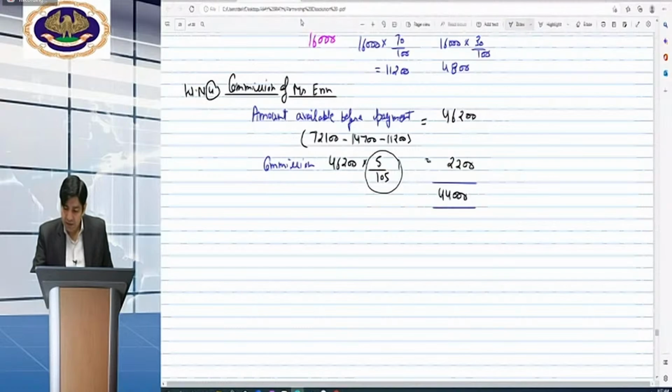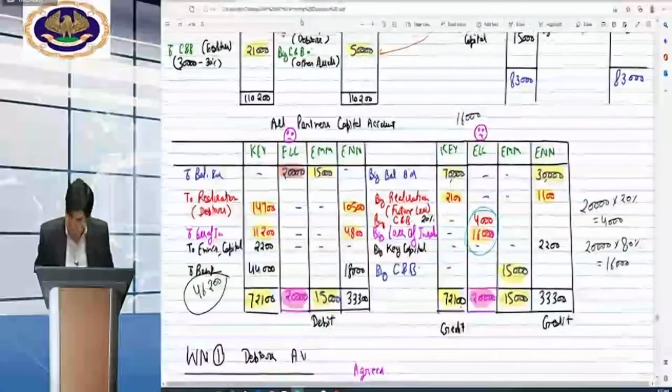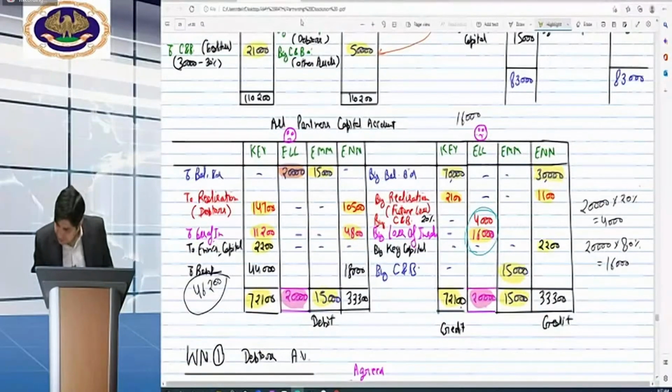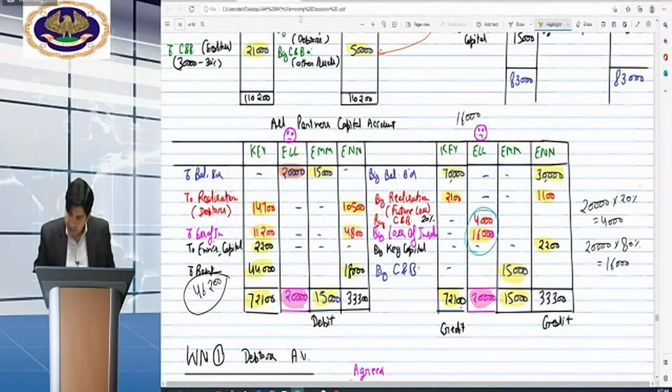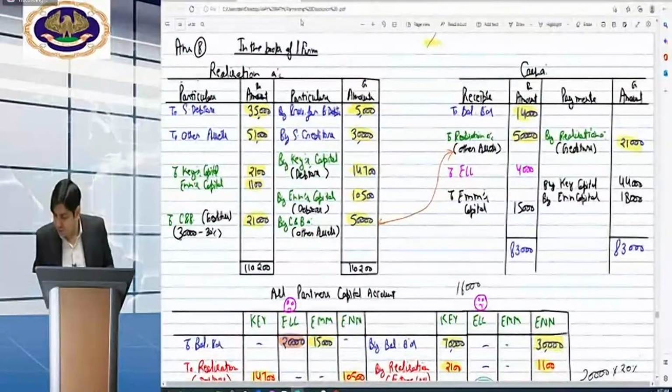So beta, in this way we have to calculate the commission and shift it from here to there. 200 has been shifted to this, and the balancing figure has been paid to bank in both of the books. I don't think anything further needs to be discussed in this question. The cash and bank account is tallied because all the things are posted.